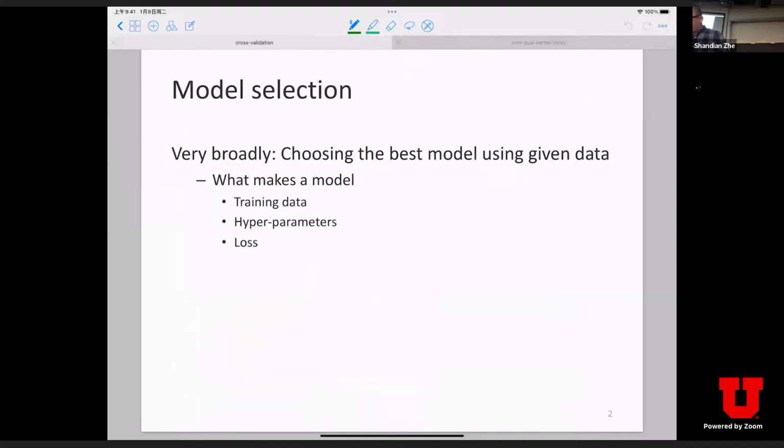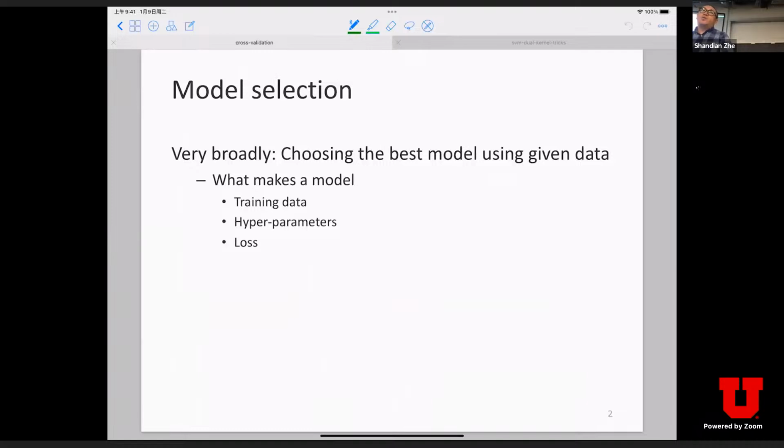So what is cross-validation? We have a high demand to choose the best model given the data. A model can be determined by the choice of the hyperparameters. Suppose you have many choices of different hyperparameters.